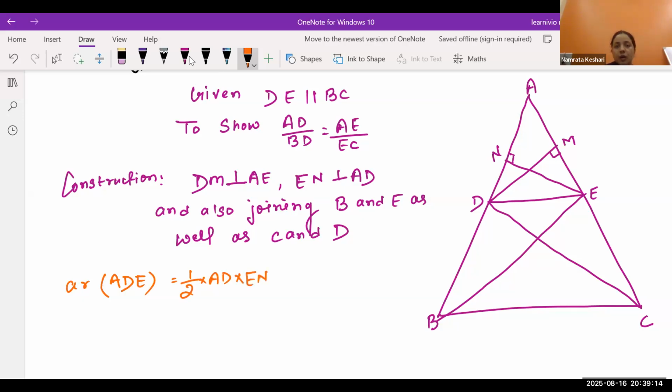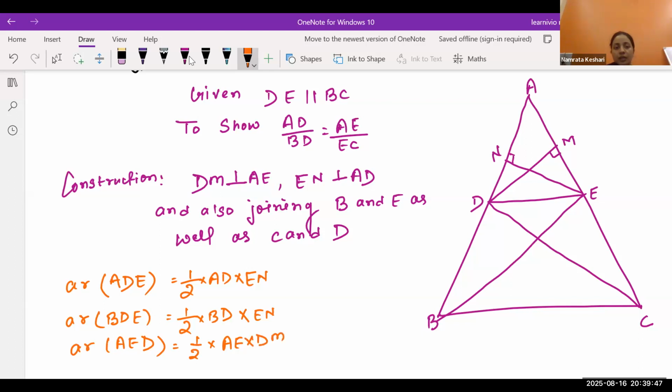Then according to the denominator, we have chosen triangle BDE, and there also we have written 1 by 2 into base BD. And on this base, outside the triangle, we have the height EL. Then according to the ratio, we have chosen again the area of triangle AED, and this time we wrote 1 by 2 into AE, and on this AE we have the perpendicular DM.